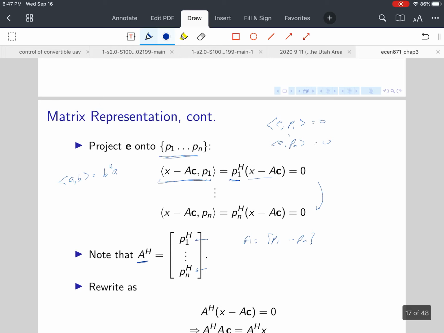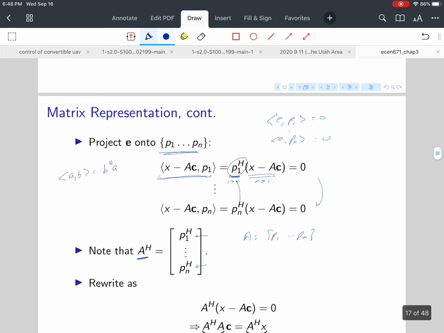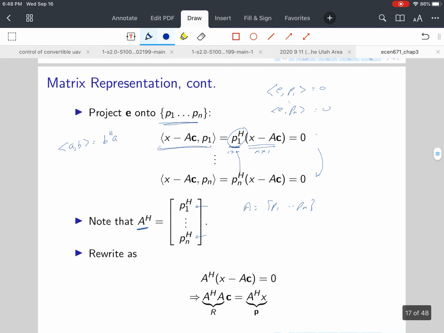So now the column vectors form the rows. Notice this is 1 by n, and this guy is n by 1. Each is like a row vector, and we're just going to stack all these together, and we can write this set of equations as A^H times (x minus AC) equal to 0.